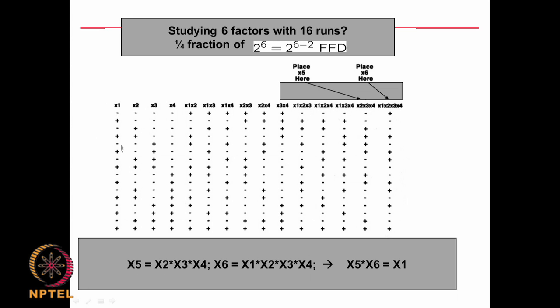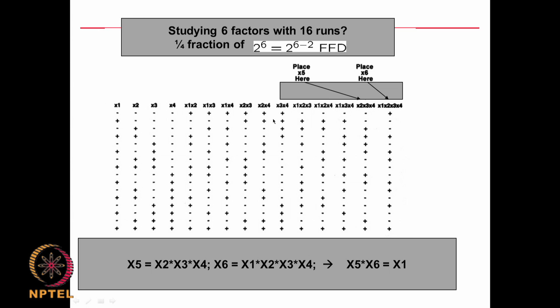So, I write down these 16 experiments, okay. And then I can write down the interactions x1 into x2, x1 into x3, x1 into x4, x2 into x3, x2 into x4, then x3 into x4, then 3 level x1, x2, x3, and like that it goes.